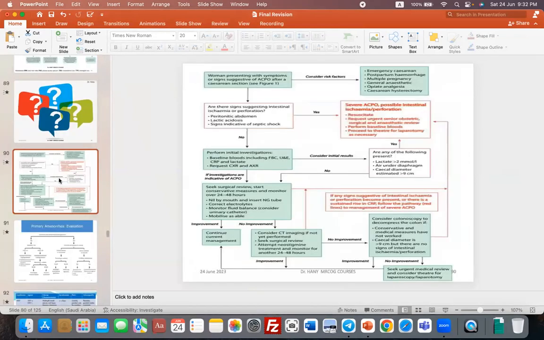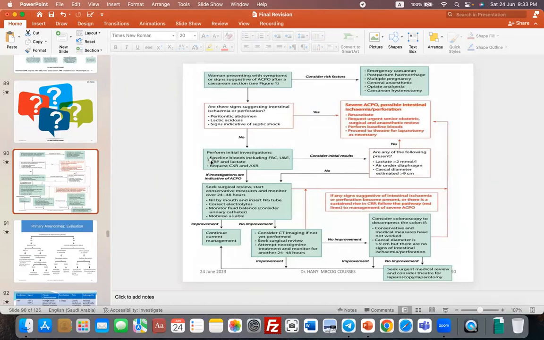This is the chart you are hating, which is post-emergency cesarean section, postpartum hemorrhage, or postoperative complication. What I will do if the patient has acute abdominal distension, acute colonic pseudo-obstruction, Ogilvie syndrome, or paralytic ileus? Conservative treatment.